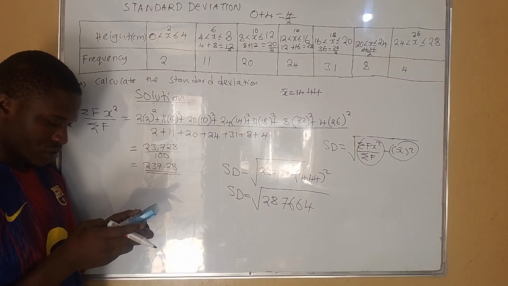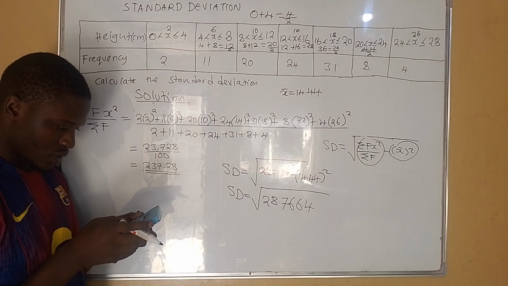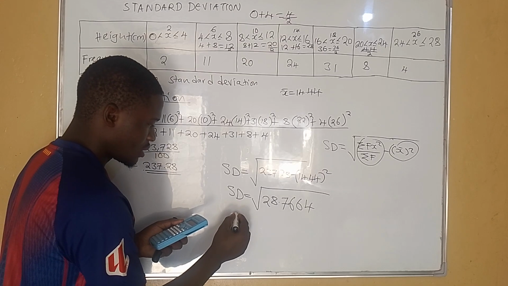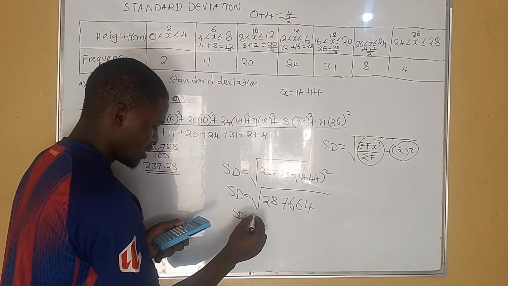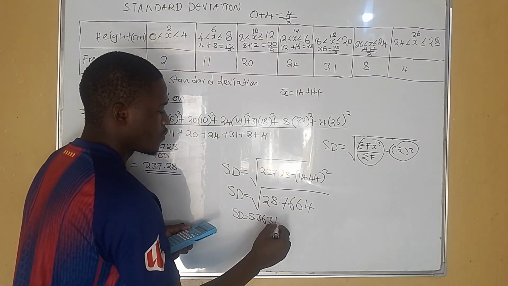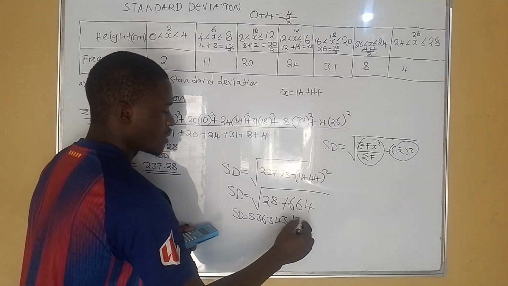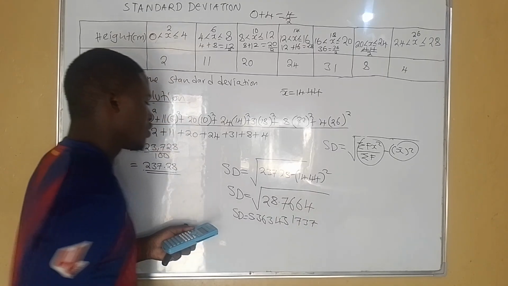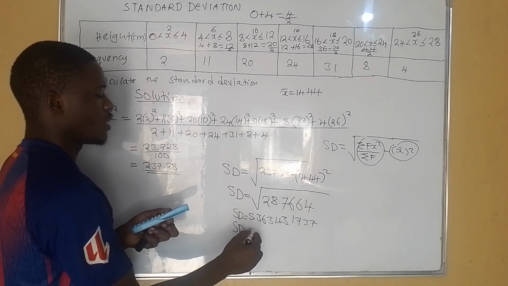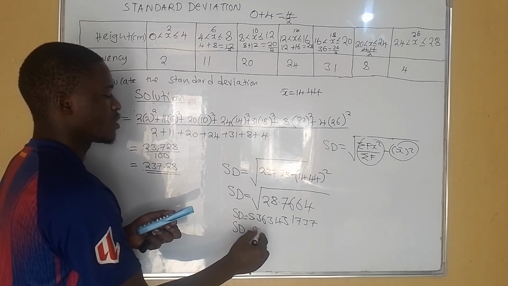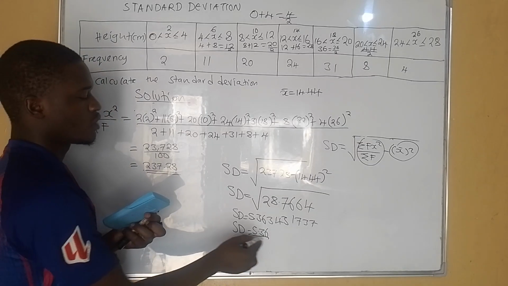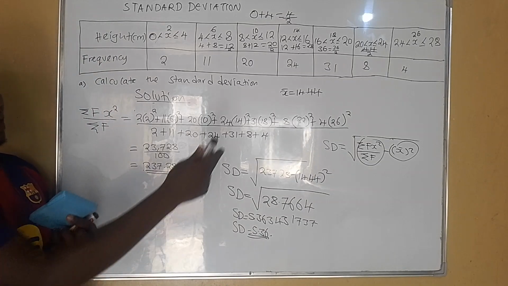Where is the root? Here. Okay. After punching the root, it's showing that the standard deviation is 5.366343173. So we need to write this to 2 decimal places. So we have 5.36.